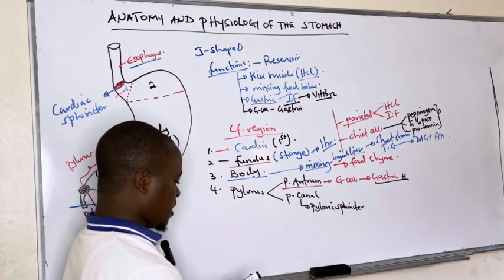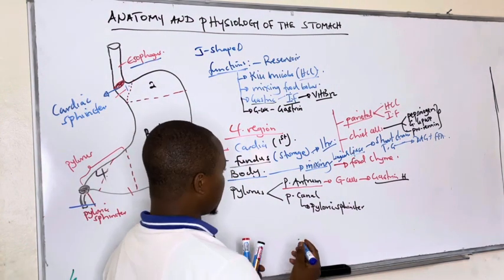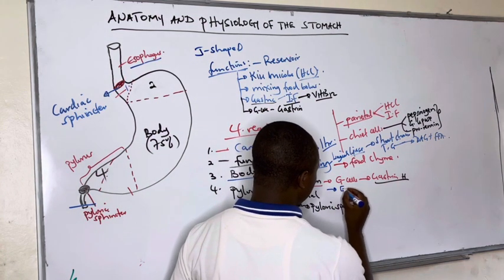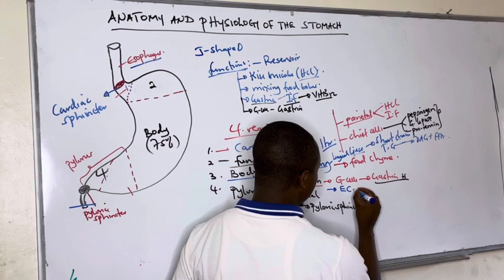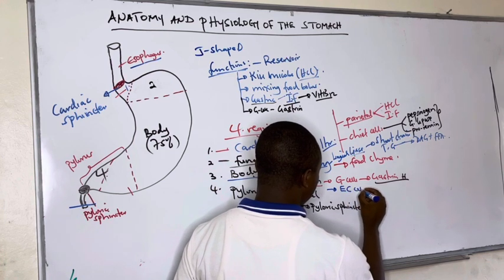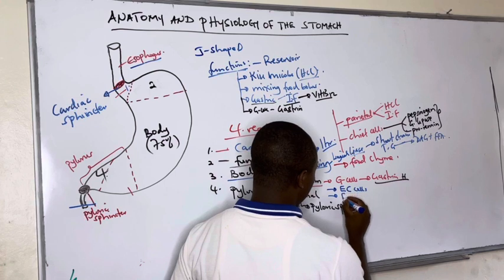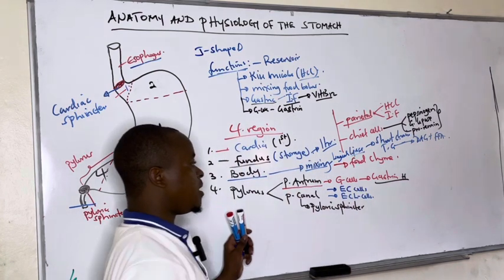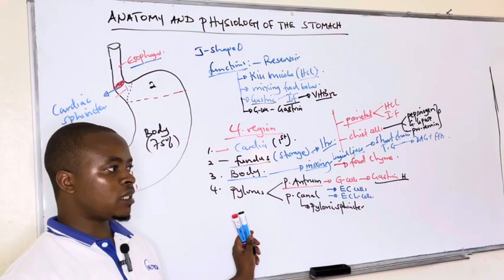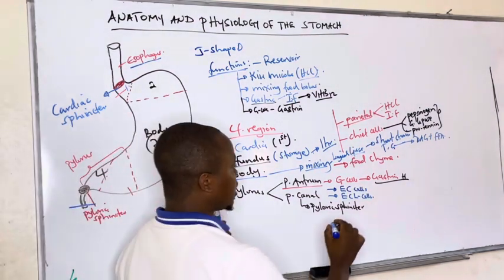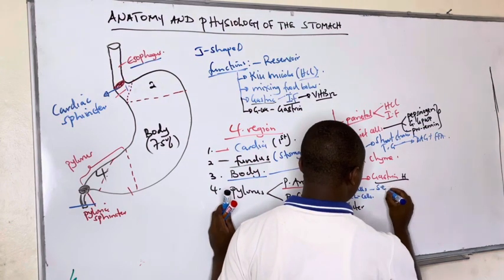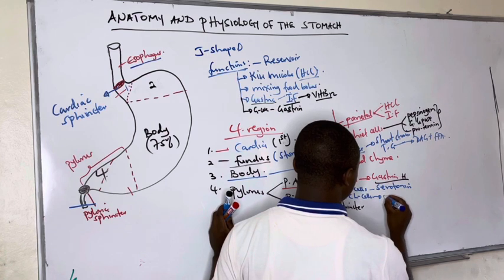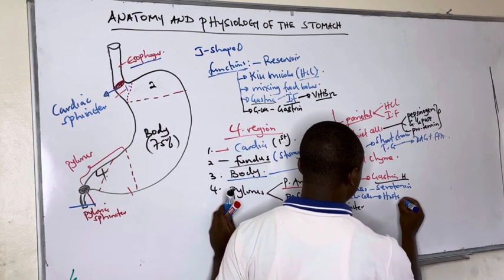But we shall see other cells in this place, known as enterochromaffin cells, and we shall also see enterochromaffin-like cells, whereby enterochromaffin cells release serotonin, whereas enterochromaffin-like cells produce histamine.